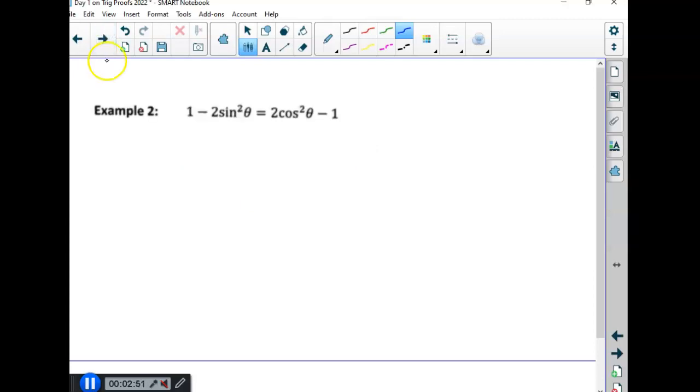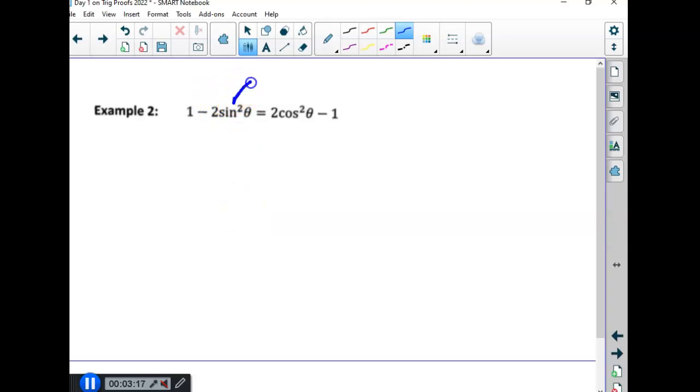All right, underneath that is another one. Now, this one's a little more complicated. Does anyone know how we could trade out? First of all, do you want to work with left side or right side? Doesn't matter at all. So we just keep working with the left? It isn't going to matter.